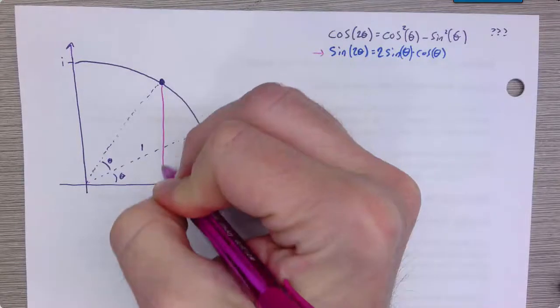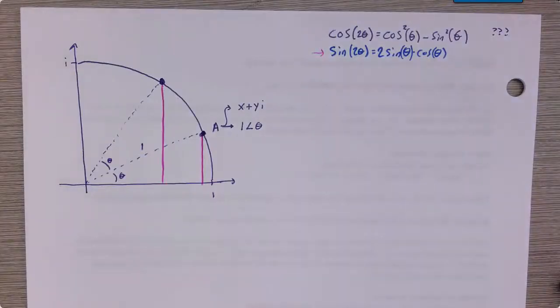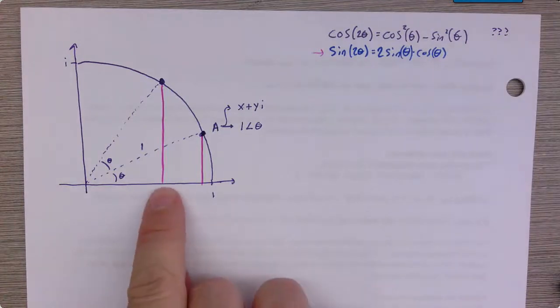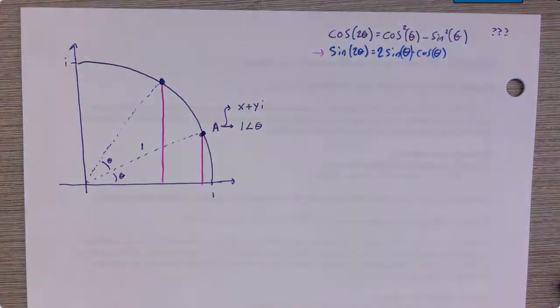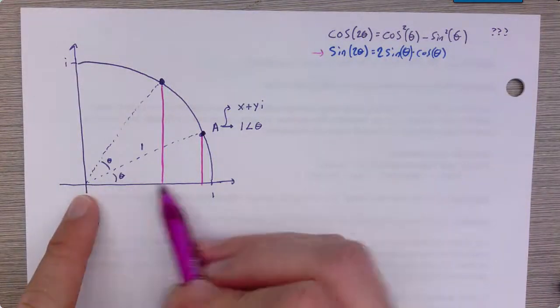So here's going to be our strategy. Think about this tall pink line. We're going to describe the length of this pink line in 2 different ways. Here's the first way. Let's think about SOHCAHTOA on this triangle.